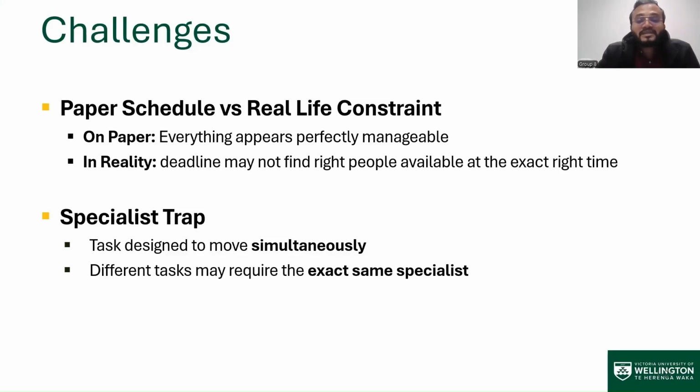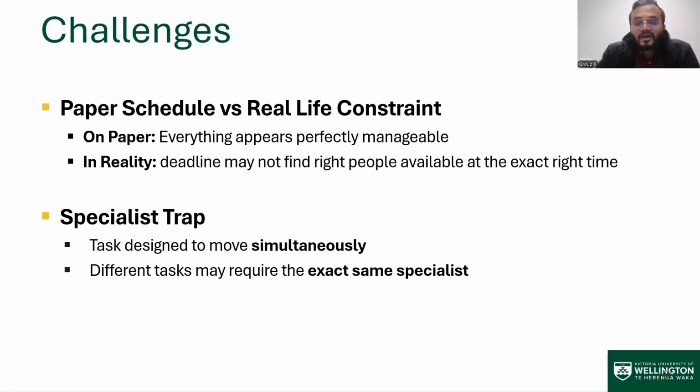IT teams often deal with specialist traps because IT projects need specialist skills. For example, you may need a DevOps engineer, a security or cyber security expert, or other technical staff who may have to work on two different projects at the same time and may not be available at the right time. As a result, the process has to be let go, and it may put the deadline in danger.